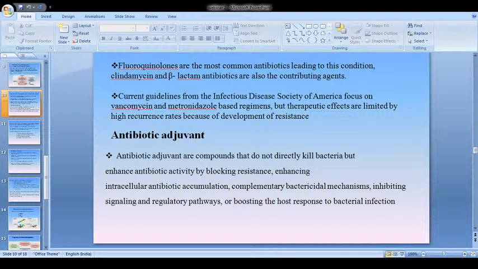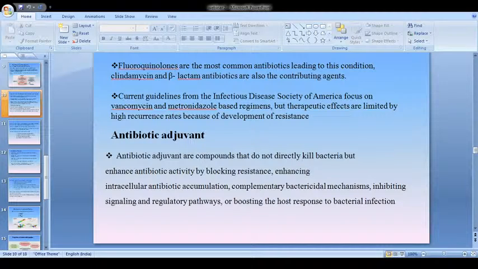But the development and the marketing approval of these drugs by the US Food and Drug Administration have not matched the pace of development of antimicrobial resistance. So the best practical strategy is to modify the existing drugs to make them more useful and potentiate their effectiveness.